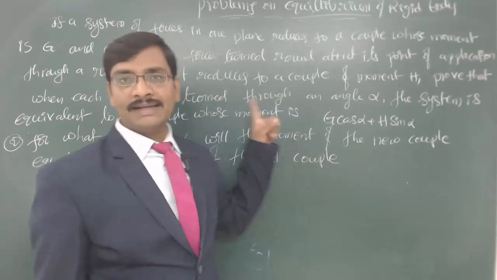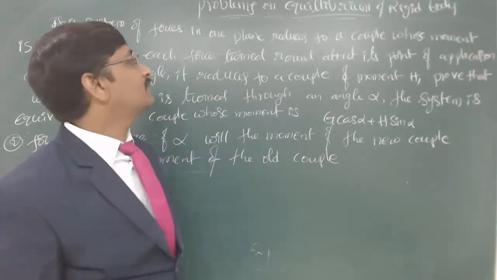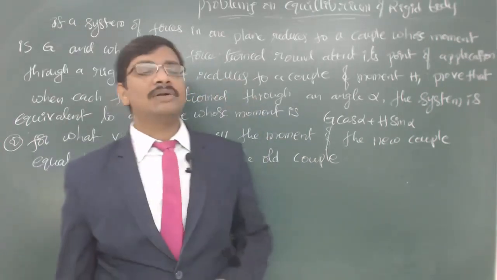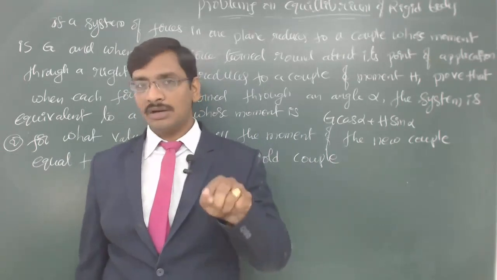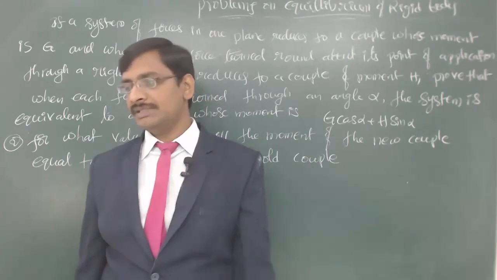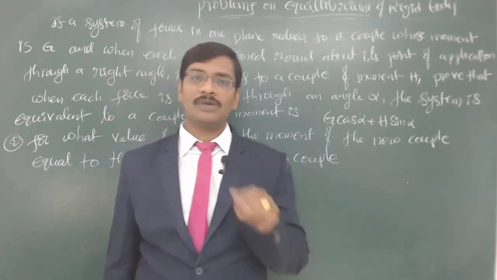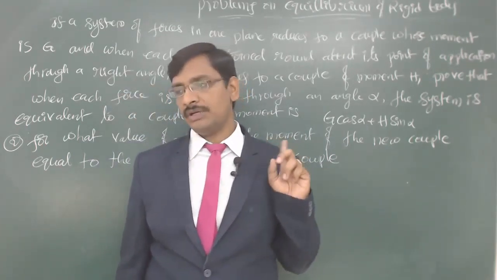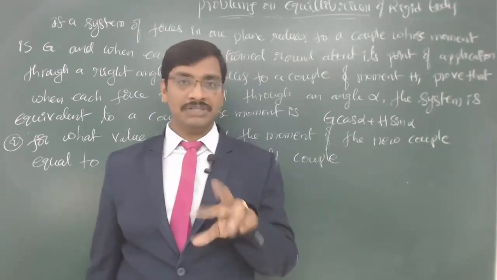And indirectly he has given one more statement, that all the forces together result into a single moment called G. That means no effective force, only moment is there. So R equal to 0 was indirectly mentioned here, but G is not 0.